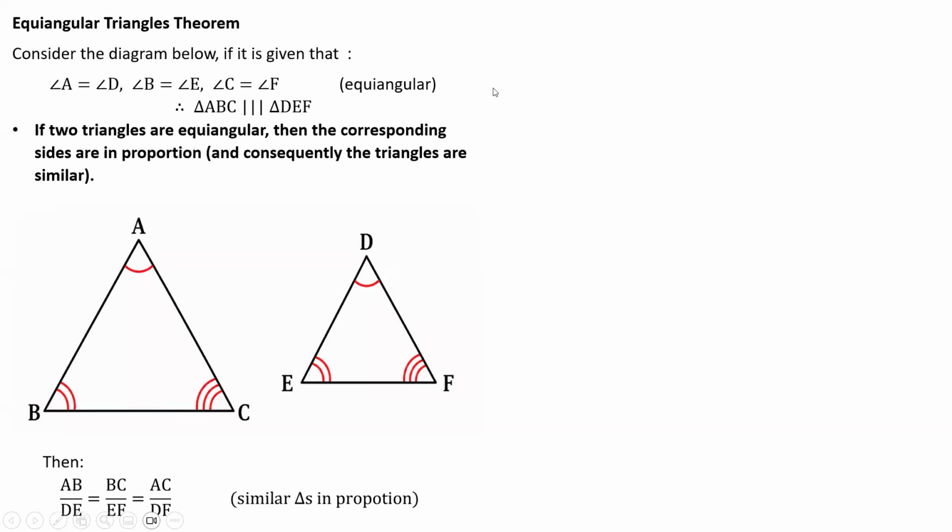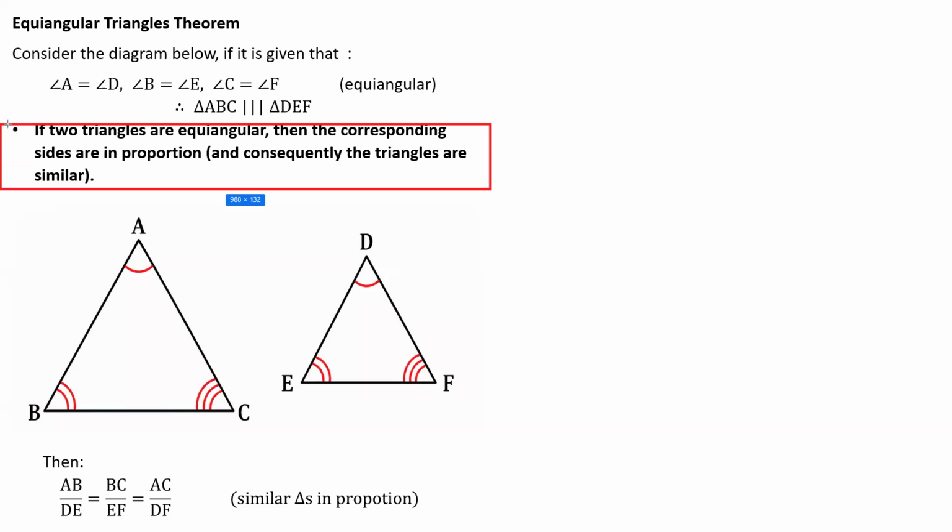The equiangular triangles theorem says that if two triangles are equiangular, then their sides are in proportion, and consequently the triangles are similar.